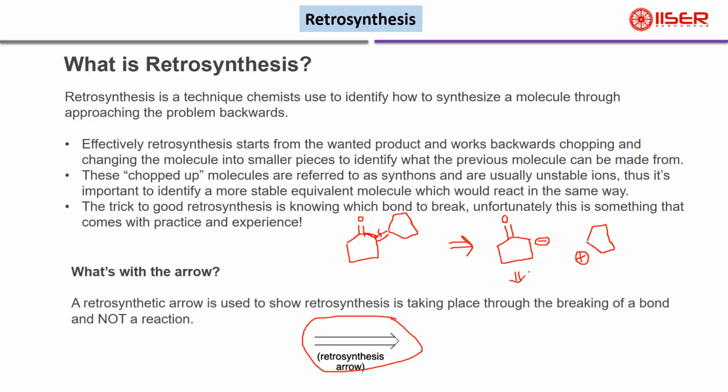So these are the synthons. Synthons are the unstable species, unstable ions, which we get. Okay, so these are synthons.